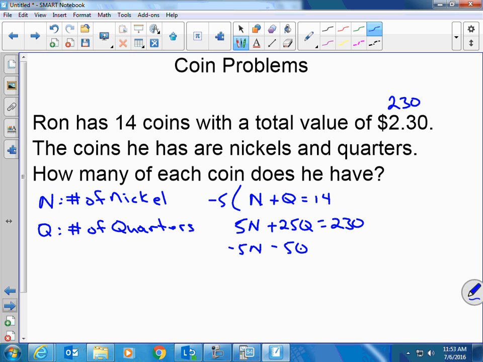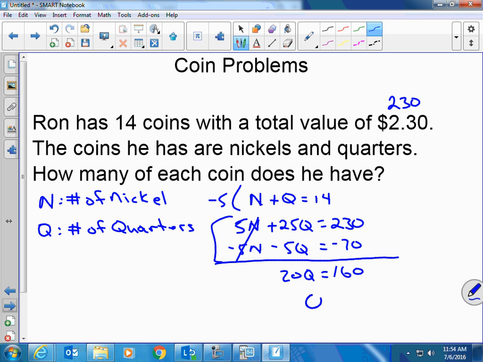Negative 5 times q is a negative 5q. And negative 5 times 14 is a negative 70. Add the second and third equations together. 5n, negative 5n go away. 25 minus 5 is 20. 230 minus 70 is 160.